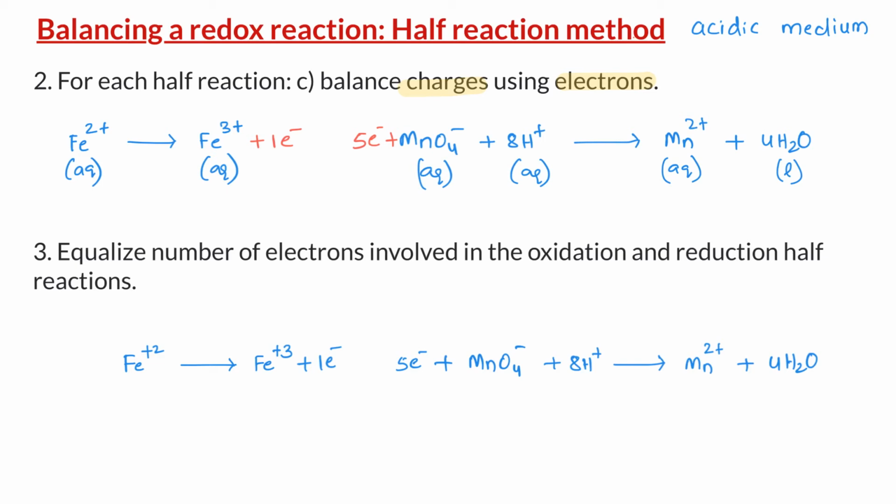To equalize these electrons, we multiply either of the half reactions with an integer. For example, in our case, for the reduction half reaction to occur once, the oxidation half reaction has to happen 5 times. That is, we need to multiply the oxidation half reaction with 5.